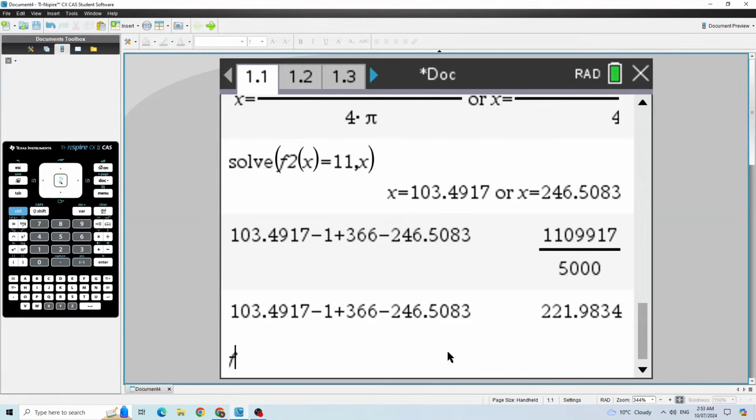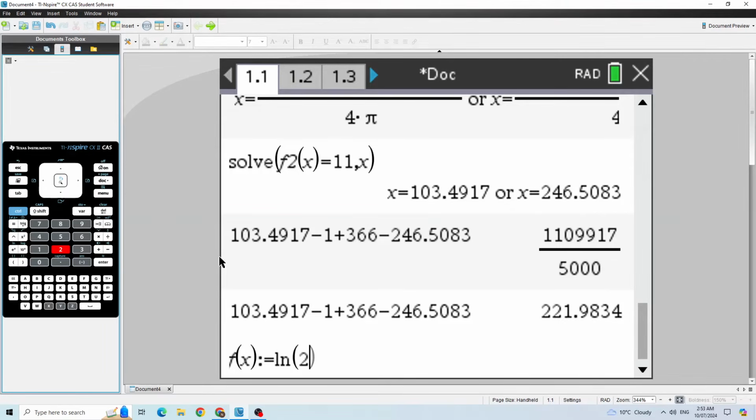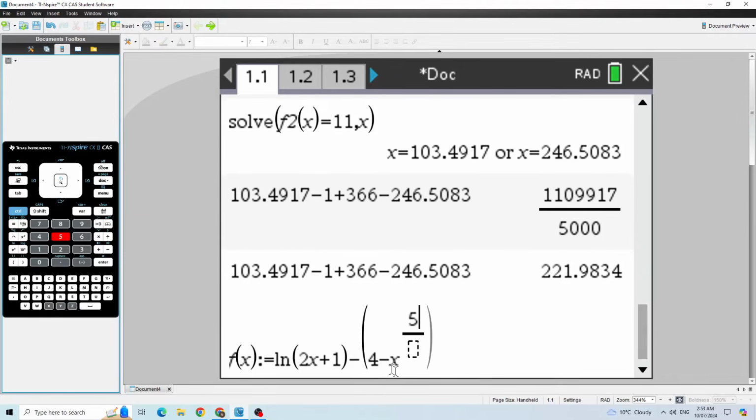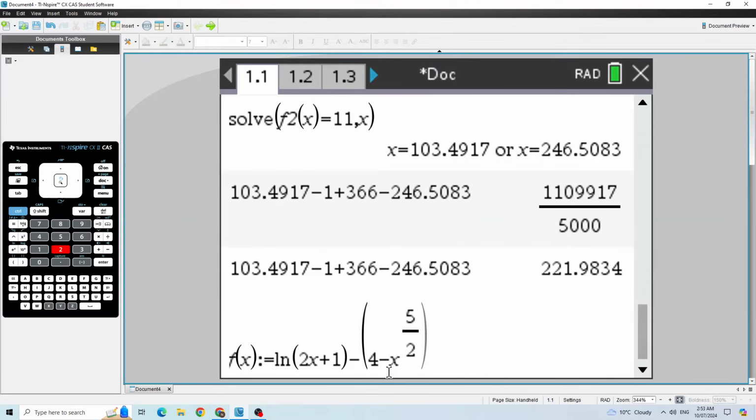I'm going to define f of x first, which is natural log of 2x plus 1 minus 4 minus x to the power of 5 on 2. Have I written anything wrong? Just double check your function for any mistakes.